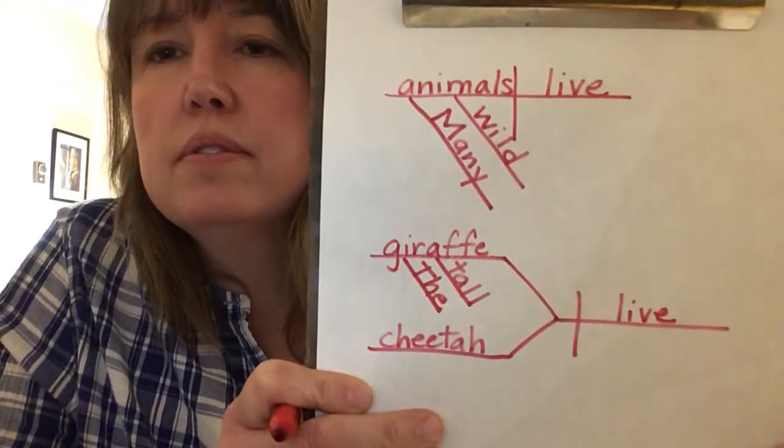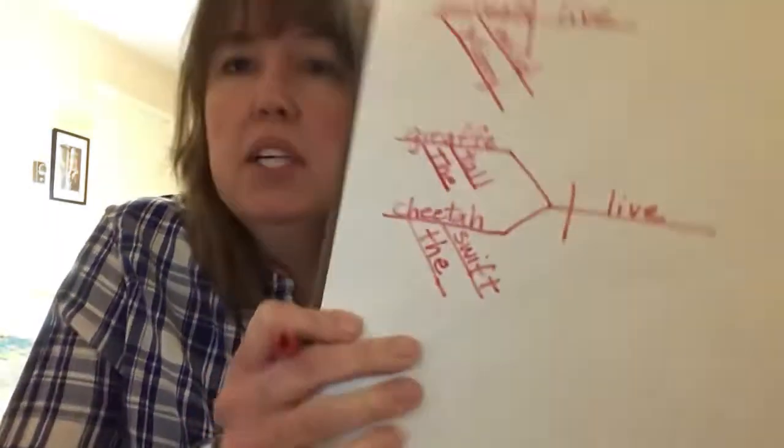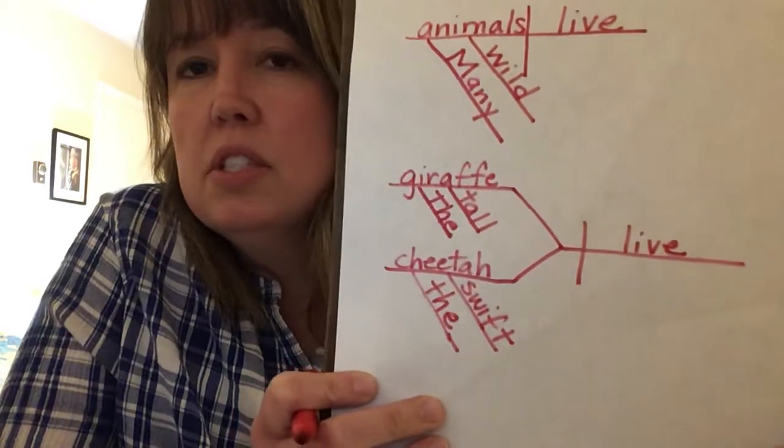The tall. And cheetah also has 2. Okay, the swift. Ta-da! Adjectives.